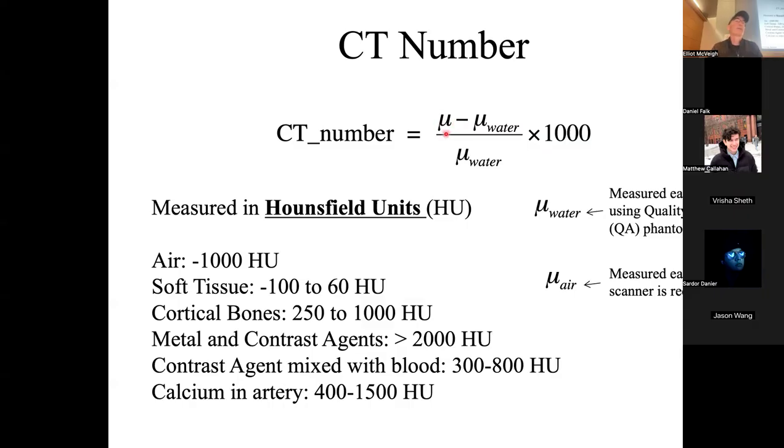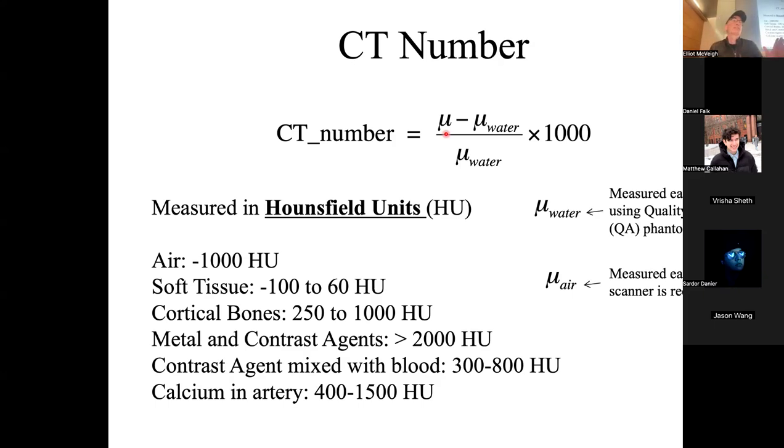For fat, it becomes minus 120. So that means fat attenuates X-rays compared to water, does it attenuate more X-rays or less X-rays? It attenuates less X-rays, right? So it's more like air. It's going towards the minus 1,000.